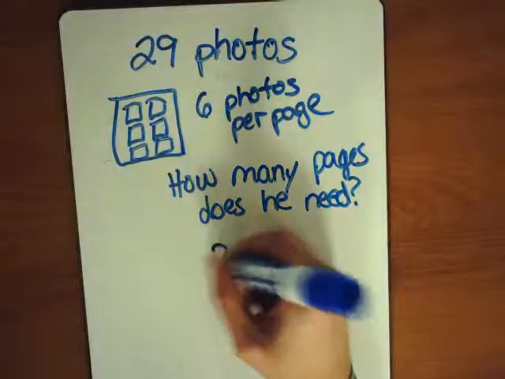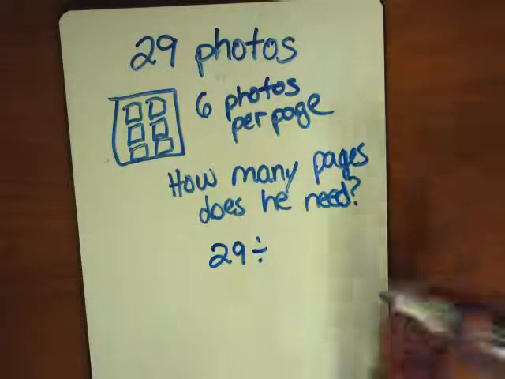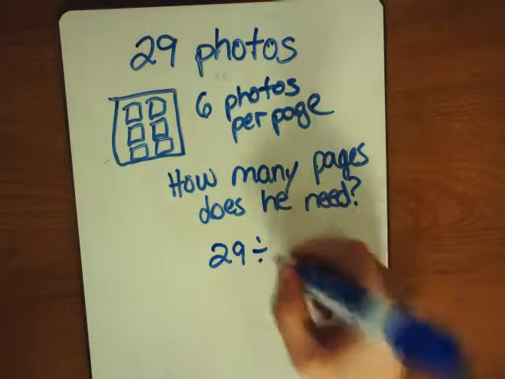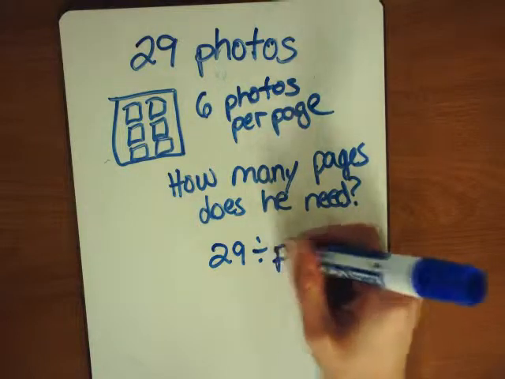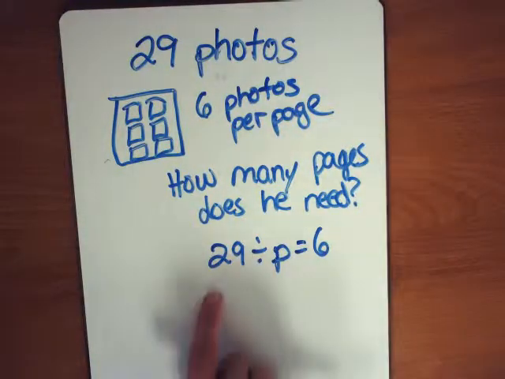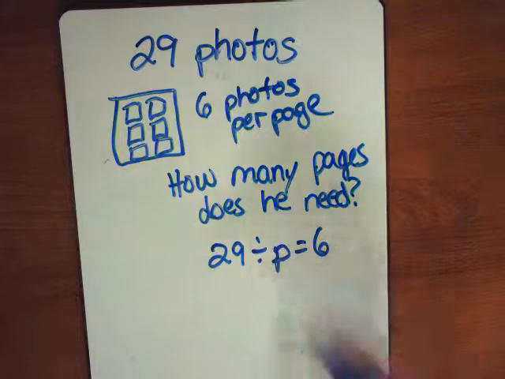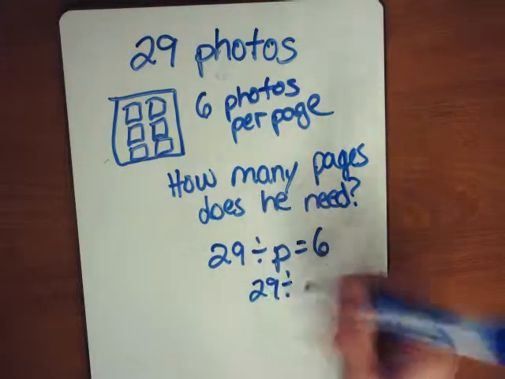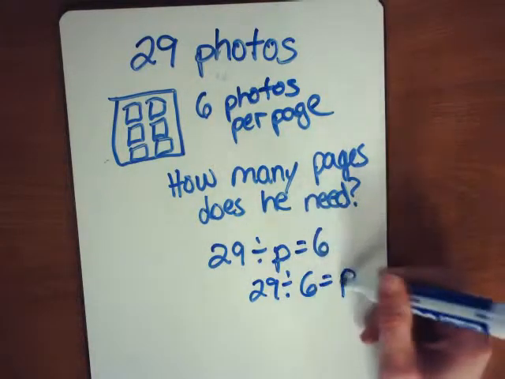So I can do 29 divided by my number of pages, P, is equal to 6. But since that's kind of hard for me to think about and draw a picture for, I'm going to use just a reverse fact. 29 divided by P equals 6. Then 29 divided by 6 equals our number of pages.